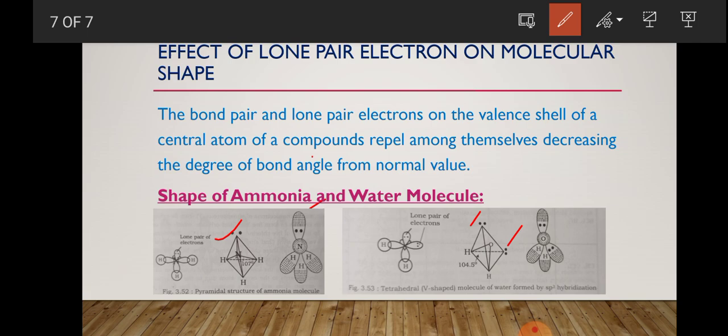And when the central atom of a molecule contains one or two lone pair electrons, then its structure or geometry is distorted, and it gains an exceptional shape rather than the usual shape.